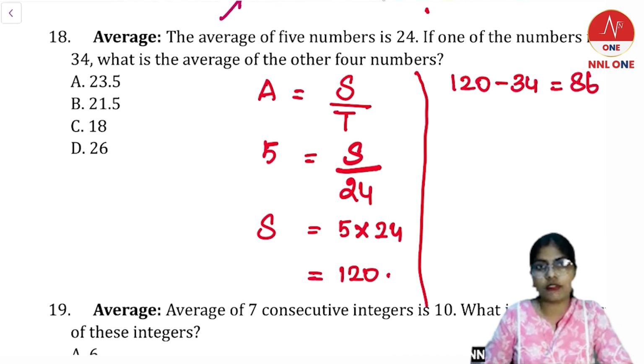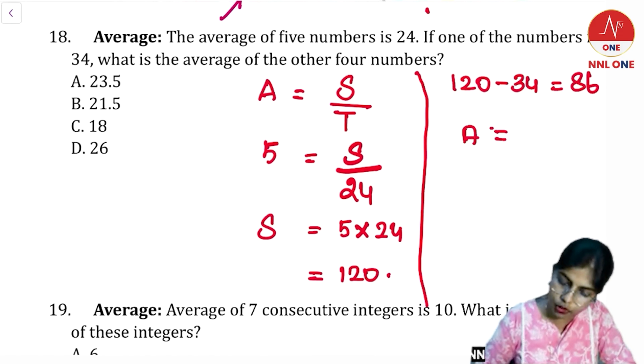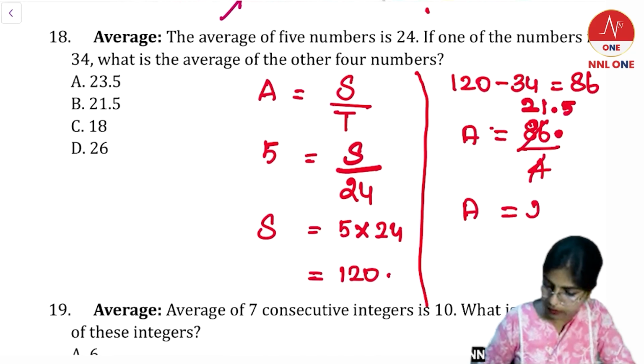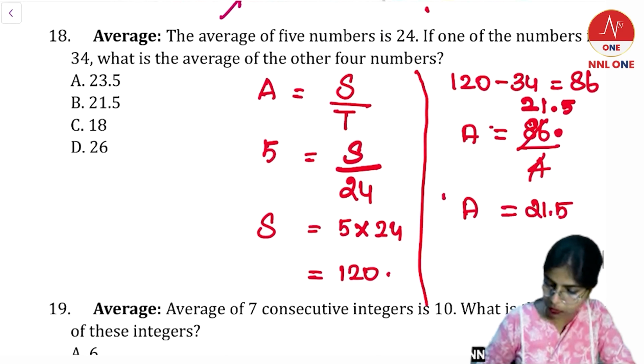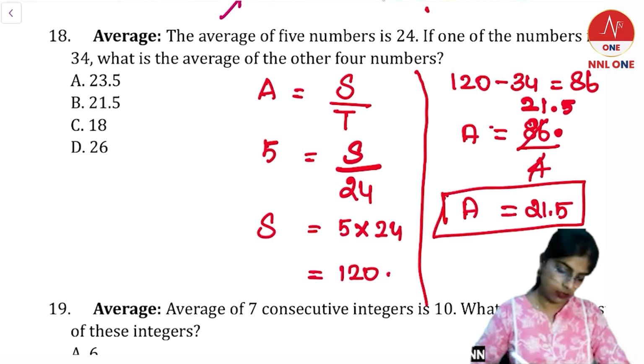They are asking for the average of the other 4 numbers, which is 86 by 4. 4 twos are 8, 4 ones are 4, remainder 2, 4 fives are 20. So 21.5 will be the answer for this question.